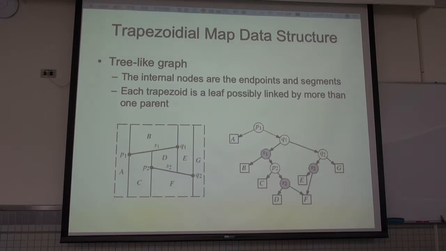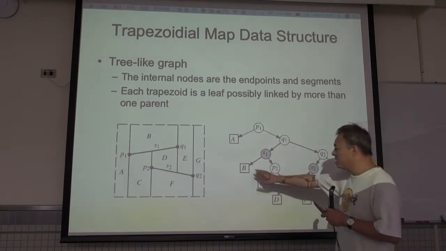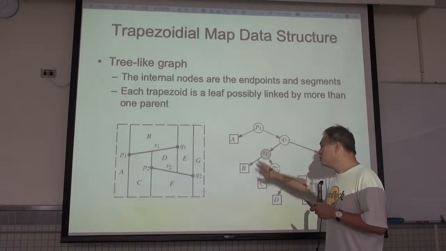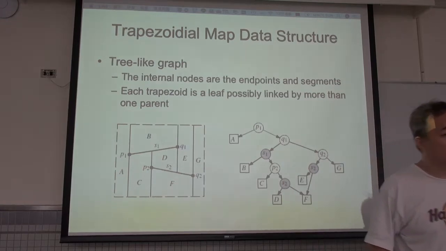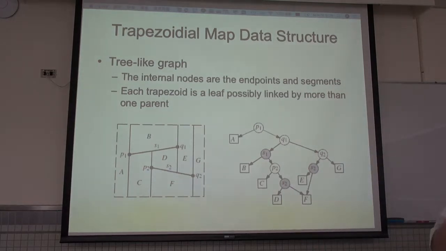But bear with my abuse of terminology. These nodes that do not have a pointer to another one, we call them leaf nodes. Each of them represents one trapezoid.